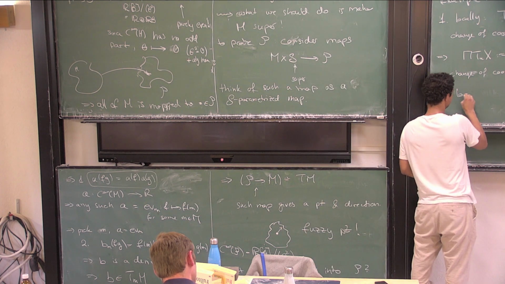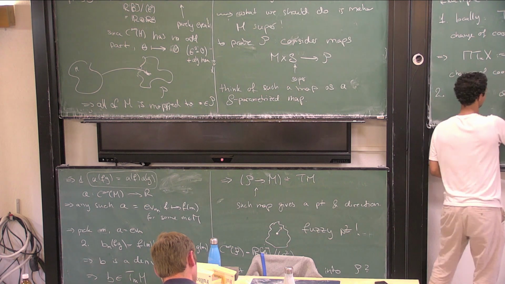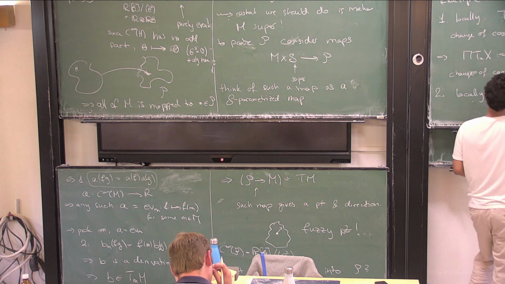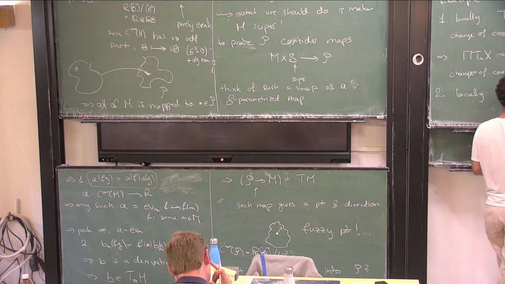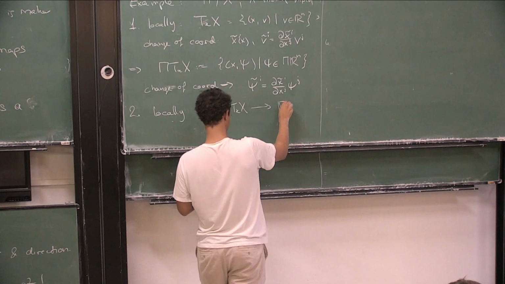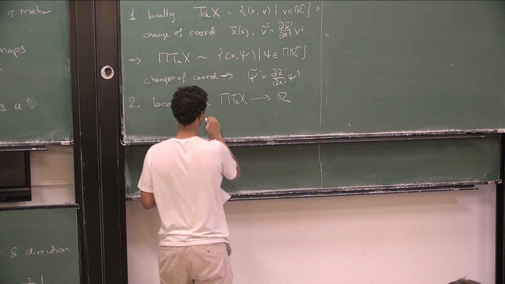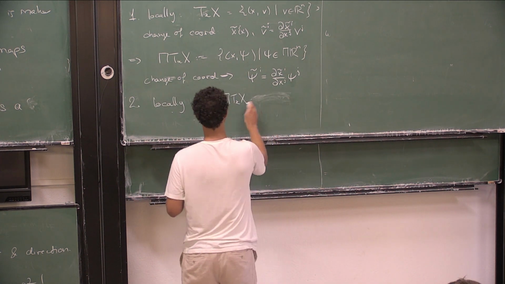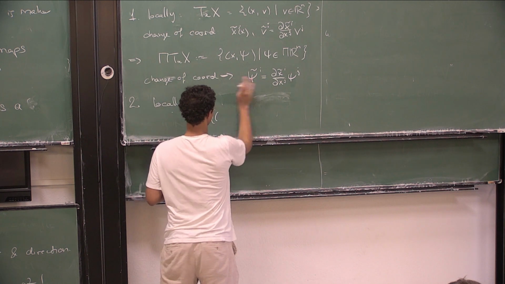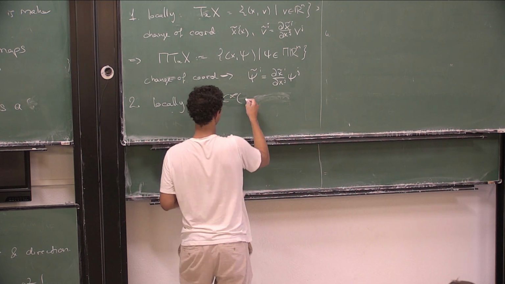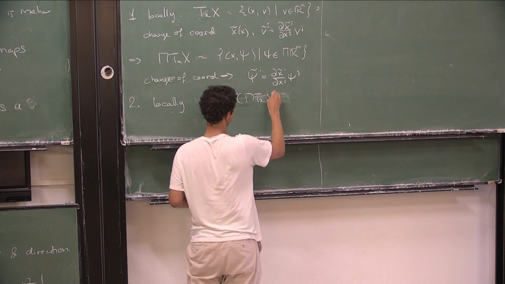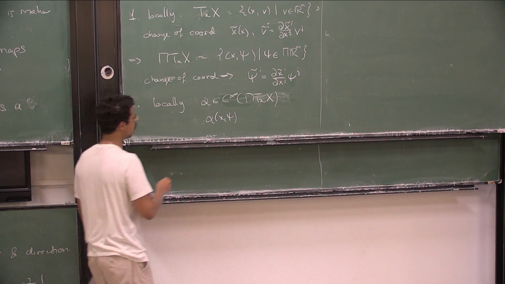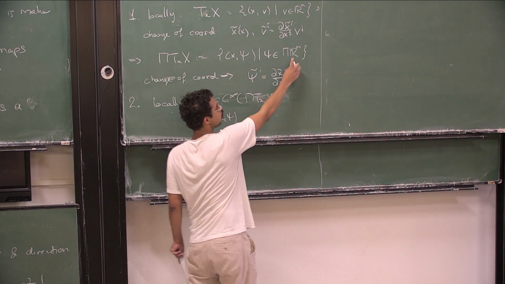So let's again say locally, a function alpha on ΠTX is something which is defined on these coordinates x and psi, where psi now is odd.